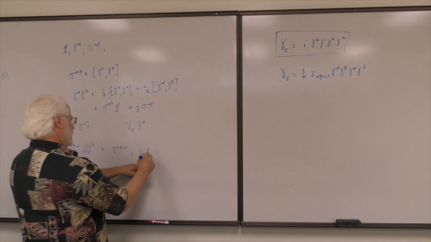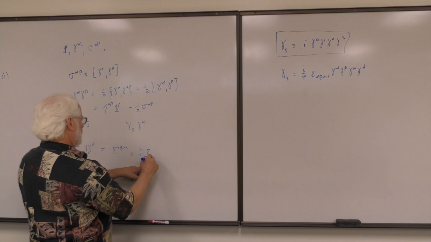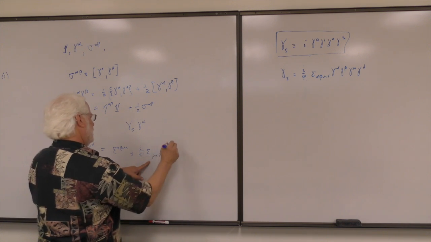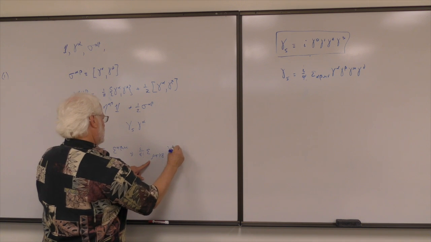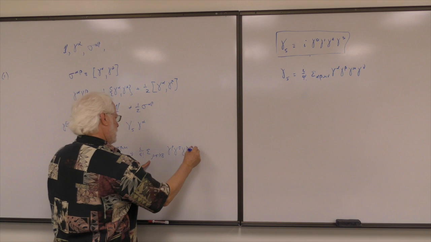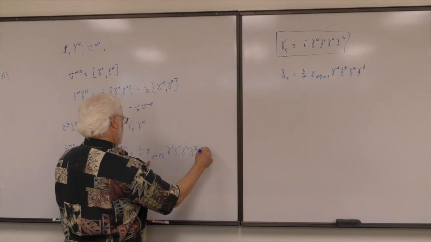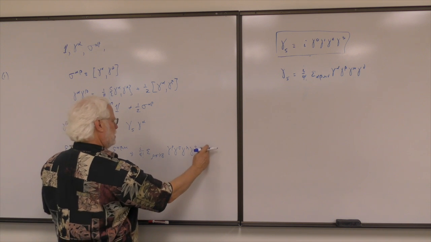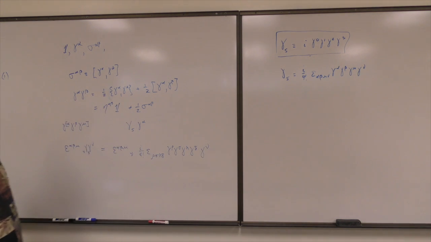Okay. Rho, sigma, lambda, delta: gamma rho, gamma sigma, gamma lambda, gamma delta. And then one more, gamma nu. Sorry. Okay, there we go.